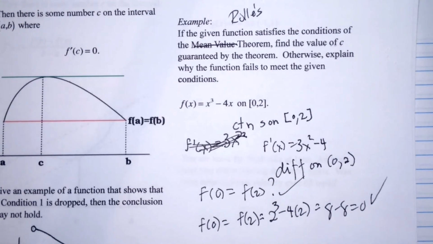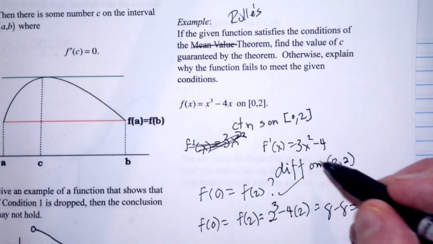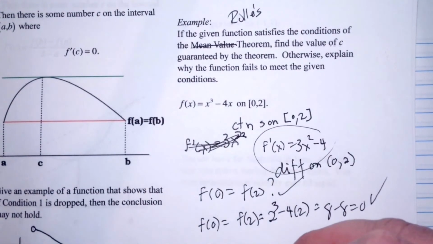That means, according to Rolle's theorem, there's a place on the open interval from 0 to 2 where the derivative is 0. Now, Rolle's theorem doesn't tell us how to find that value. We've got to figure that out on our own. But it's not too hard, because here's the derivative right here.